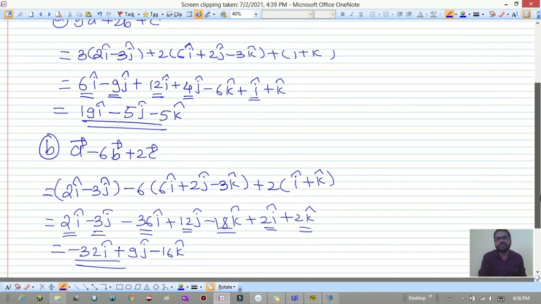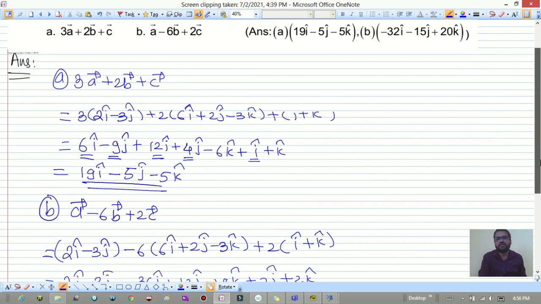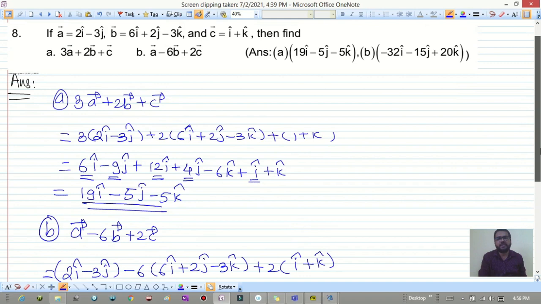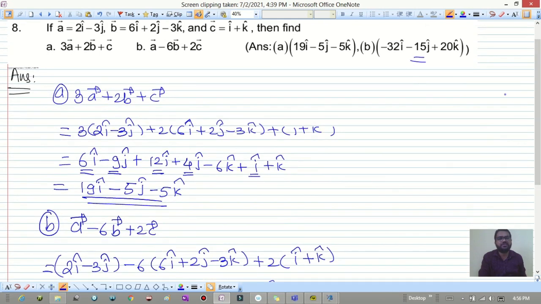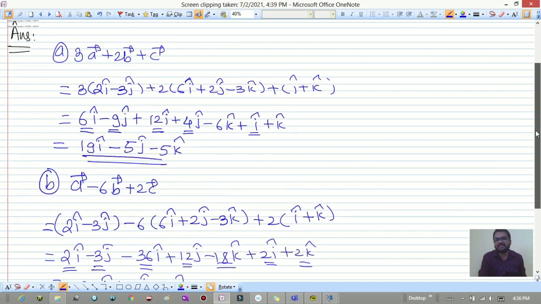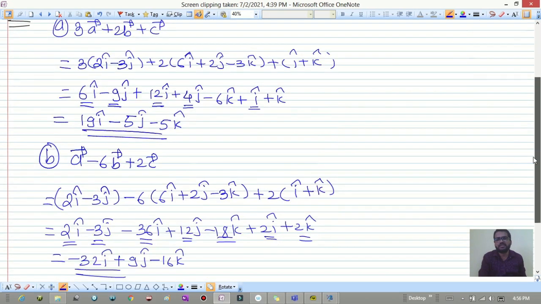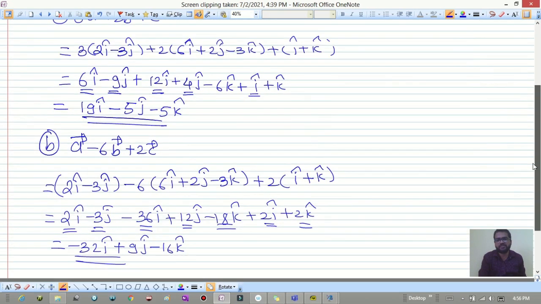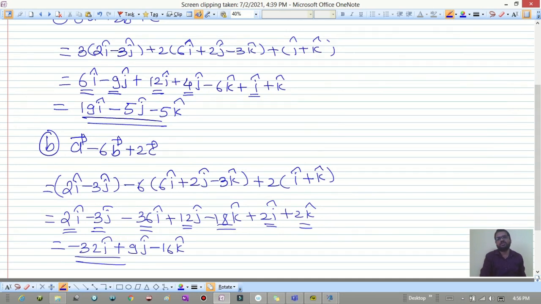So over here, 2i hat minus 3j hat, here minus 15, that means we have to check this. Minus 3j, a bar is minus 3j only, and here it is minus 6. See here minus 6, and this plus, it will become minus 12. This minus 6 minus 3, it will become plus 18.